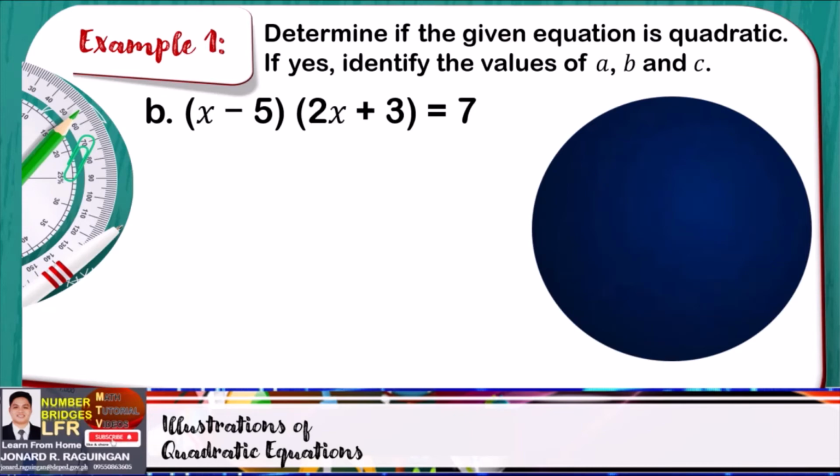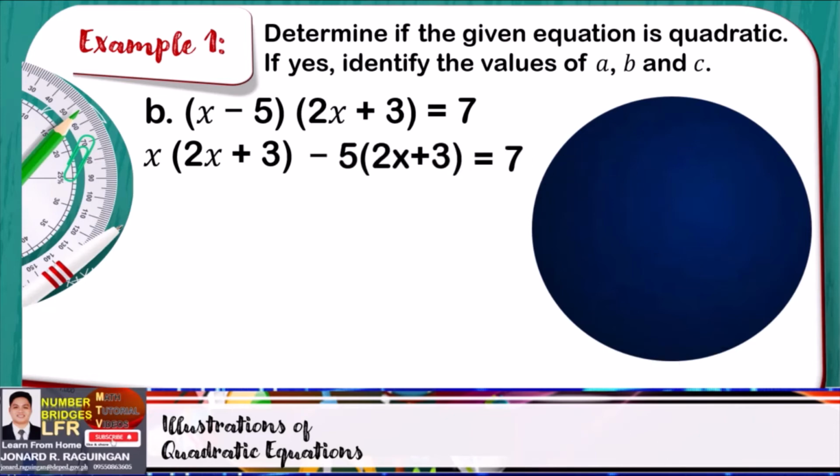To check if the equation is quadratic, multiply the left side of the equation and simplify by combining similar terms. That is, x times 2x plus 3 minus 5 times 2x plus 3 is equal to 7. Distribute the monomial to the polynomial.